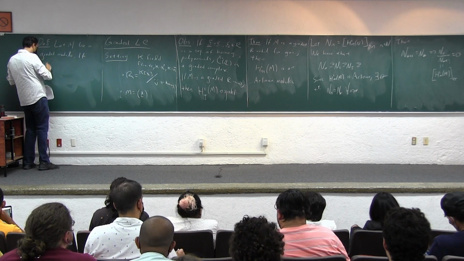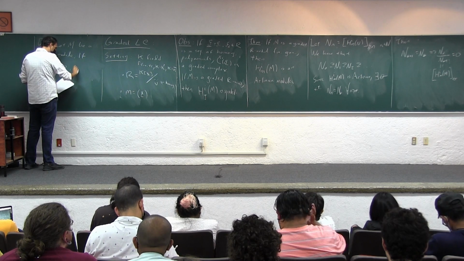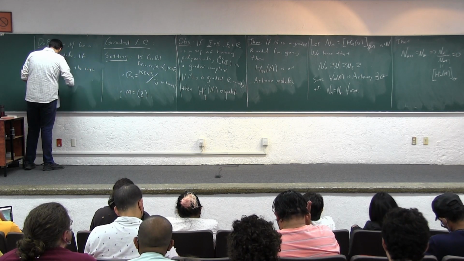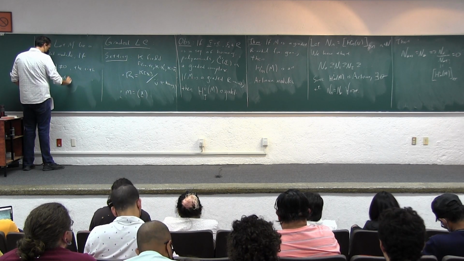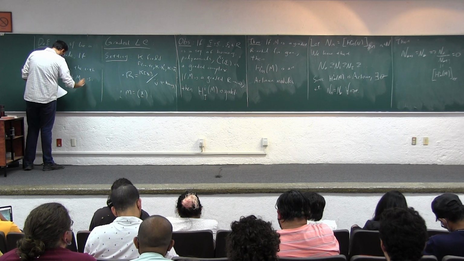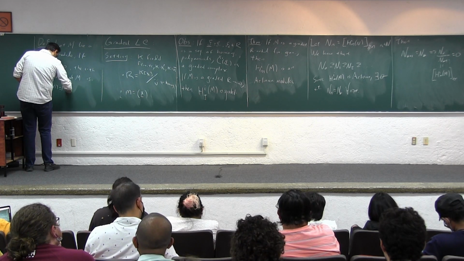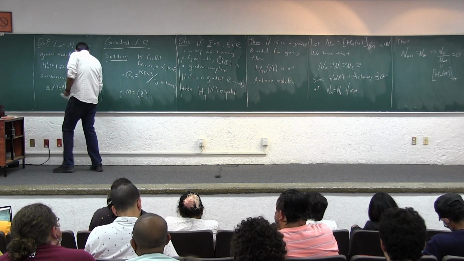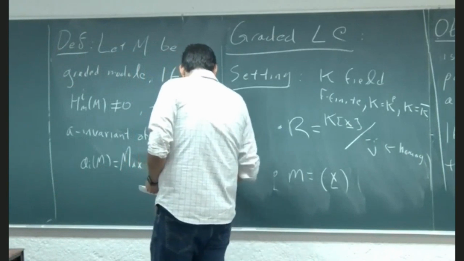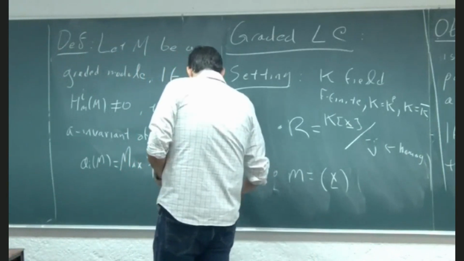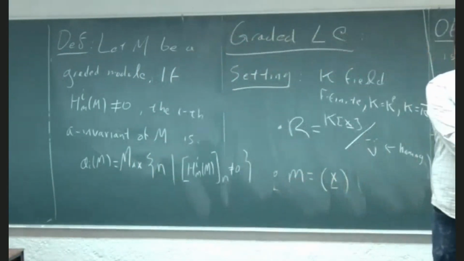If the local cohomology at the maximal ideal is different than 0, the a-invariant of M is the top local degree, the maximum n such that the i-th local cohomology of M with support at the maximal ideal is different than 0. And this is well defined from the observation that we did.